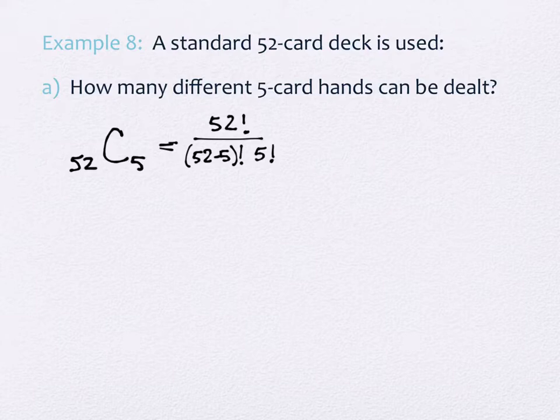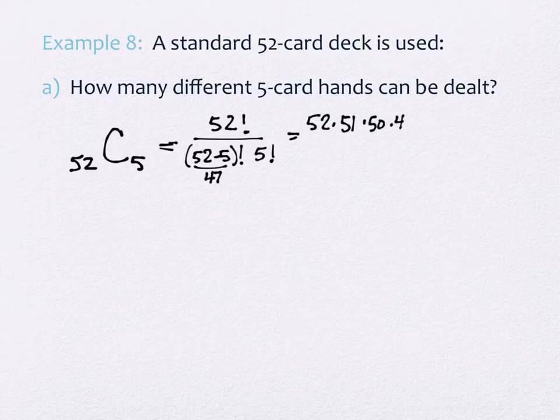And the only way you're going to get a whole number is if everything in the denominator cancels. So we're going to work towards canceling out the entire denominator to make it easier to work with. So 52 minus 5 is 47. So I'm going to write my digits out, 52 down to 47: 52, 51, 50, 49, 48, and 47 factorial.